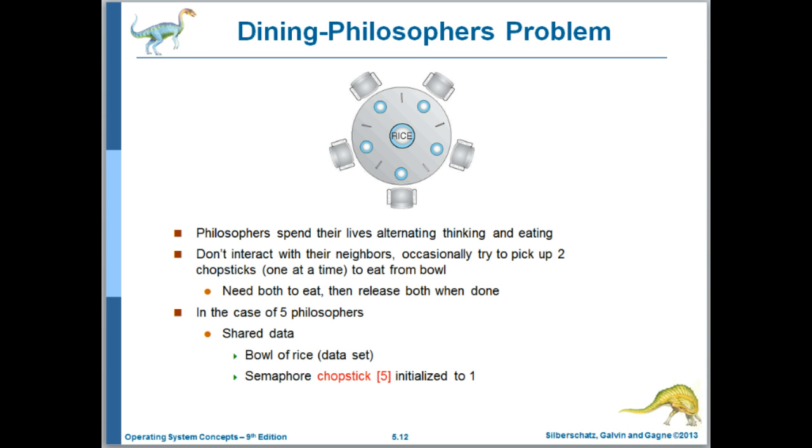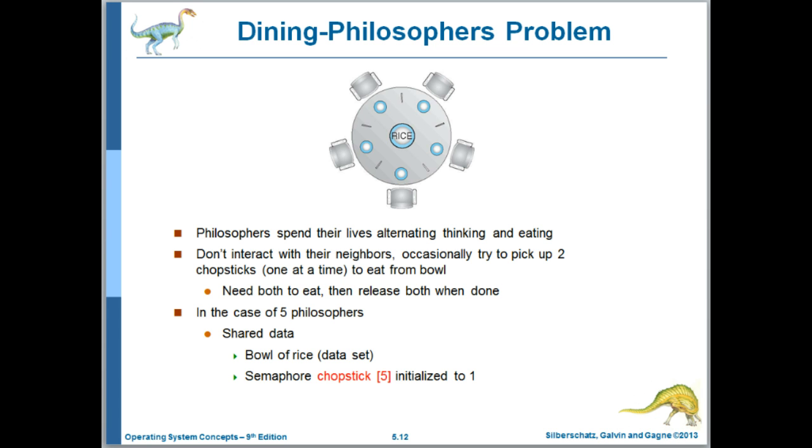So we all know that all philosophers do is think and eat. And in the dining philosophers problem, there's a shared bowl of rice in the middle of the table, and 5 philosophers and 5 chopsticks, 1 chopstick between each pair of philosophers.